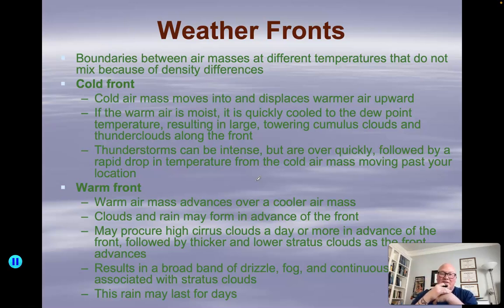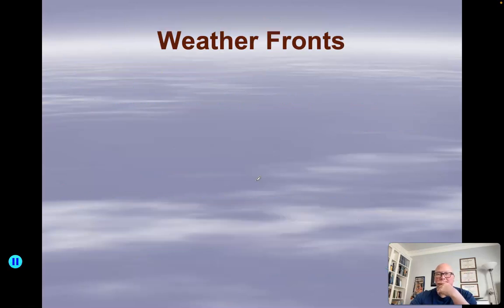It's still going to push the warm air mass upward, but you're going to get something very different because it's the warm air mass that's moving. You might have a large band of drizzle and fog, and it may happen over several days, but it's not going to be a storm front like the one that the cold front causes.